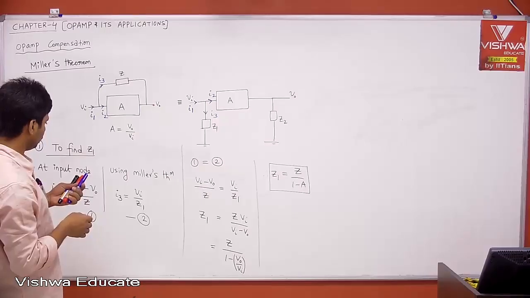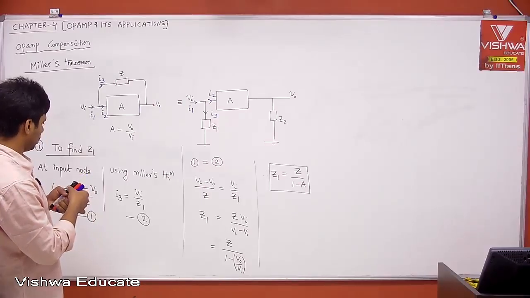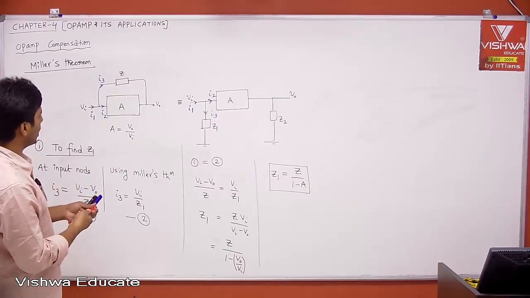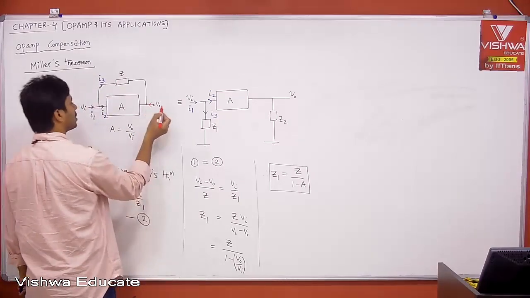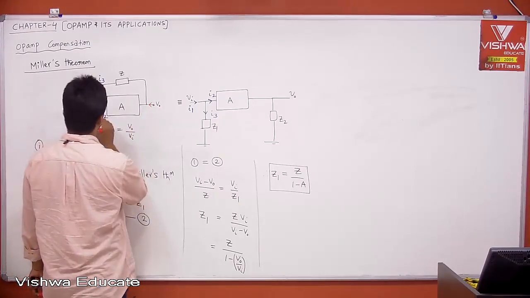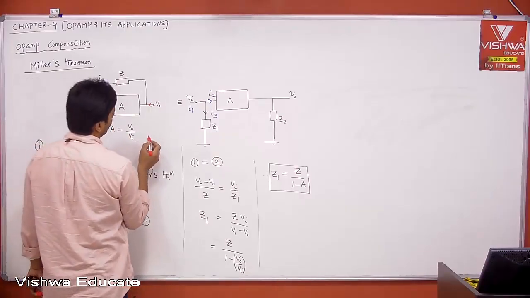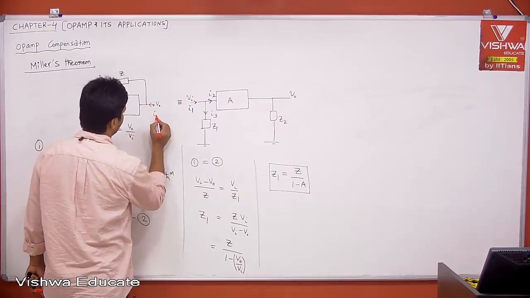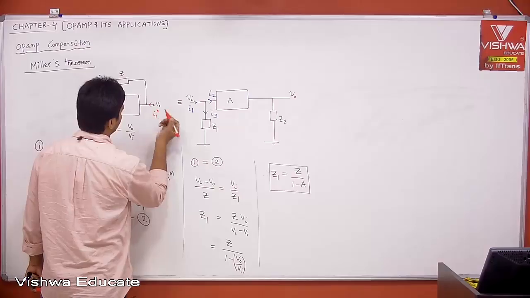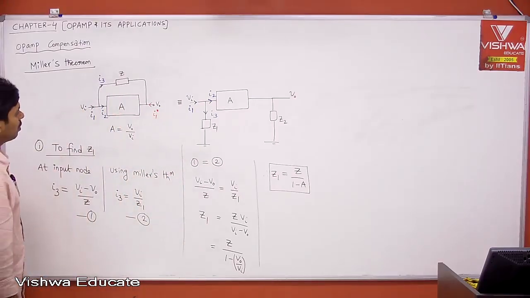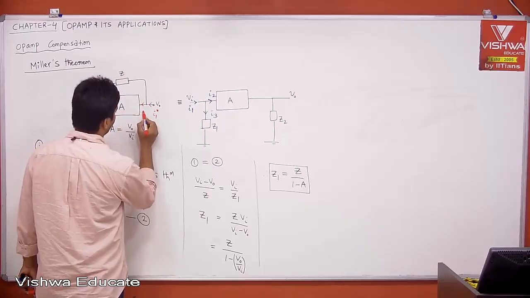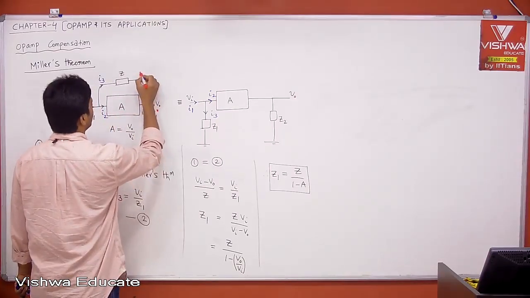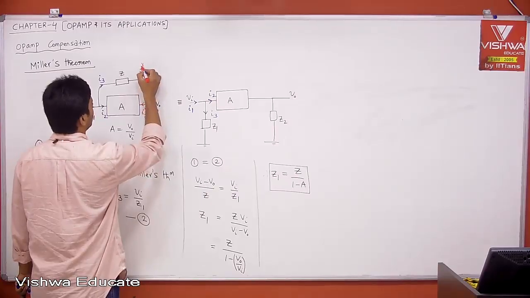Now let me use a different color. Let us say this is giving some current, the current which is entering into your V naught, because I1, I2, I3 all are used. Then I can say this is some I1 star. Let us say the current which is entering into your amplifier is I2 star. Then the current which is entering here is I3 star.